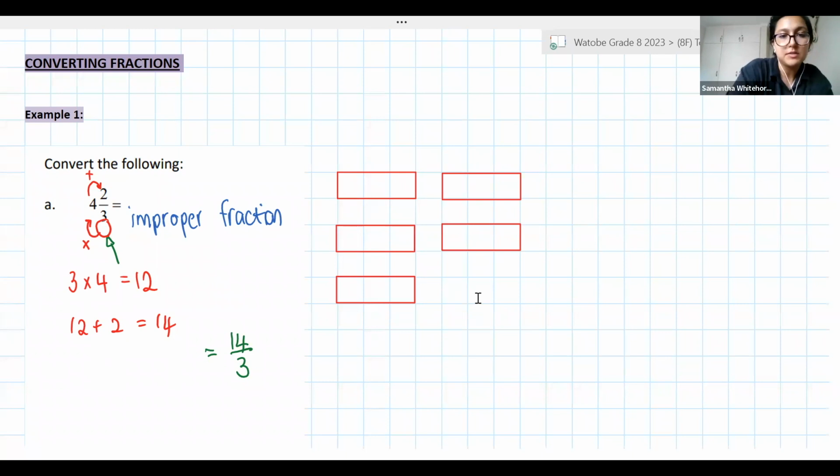Now, each of these is split into 3 because that was my original denominator. So I can split my rectangles into 3 parts. The 4 wholes, so that whole number in front, is the complete shading of 4 of these. My fraction part, that 2/3, is then only 2 blocks in the 5th rectangle.